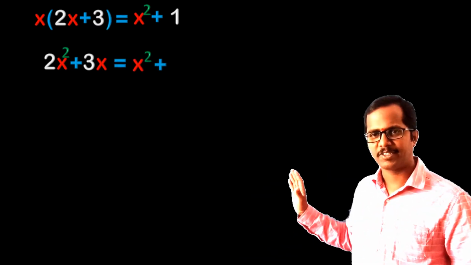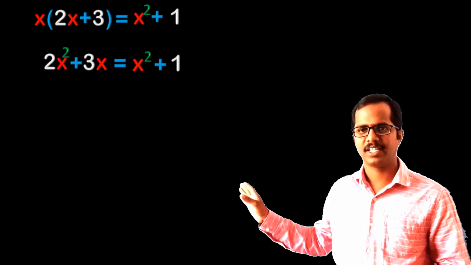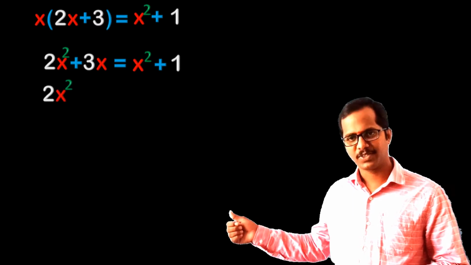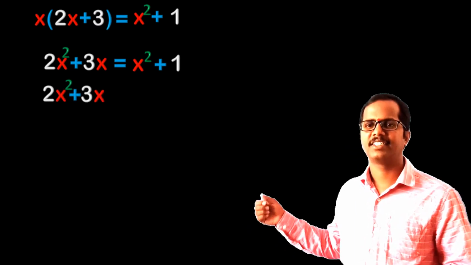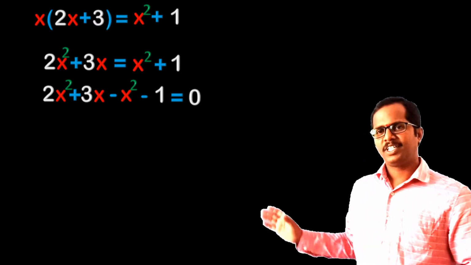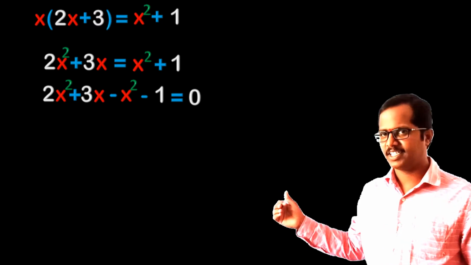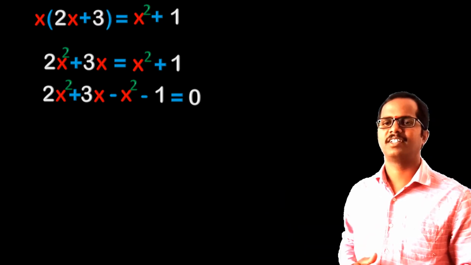Now transpose this x square plus 1 to the left hand side. By transposing this to the left hand side, we get 2x square plus 3x minus x square minus 1 equals to 0. Now here in this equation we have like terms that are 2x square and minus x square.